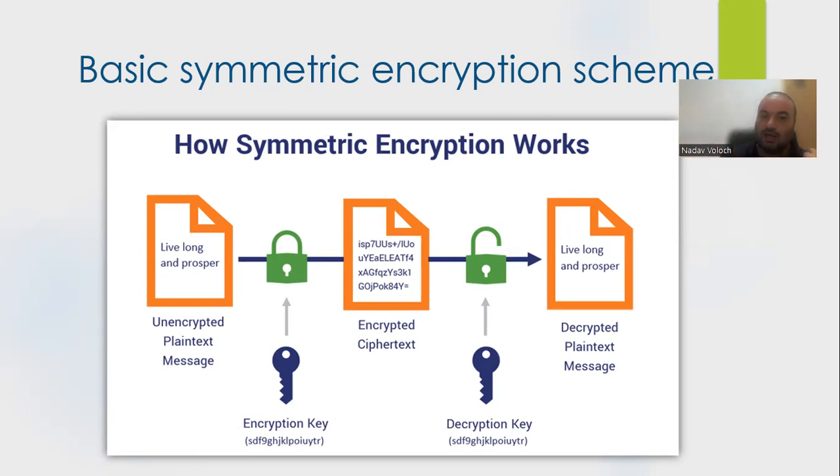Specifically, how symmetric encryption works is that we have a message. This is the message that we want to deliver to someone, and we want it not to be found by any other third party. So we take this message, for example, "live long and prosper," and we do a certain process called encryption. It's an algorithm that includes a key, which is basically a secret that only the person who sends the message and the person who receives the message have.